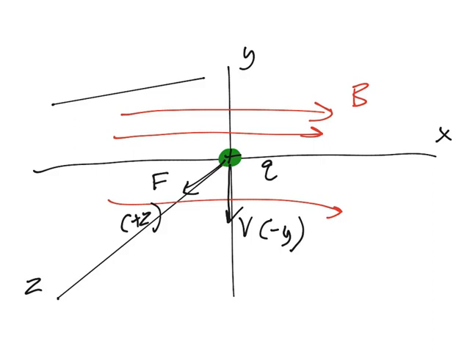If the charge moves parallel or anti-parallel to the field, no force. But if it has any component that's perpendicular to the field, there's going to be a force acting on it, okay? And that force will always be perpendicular to the plane containing B and V.